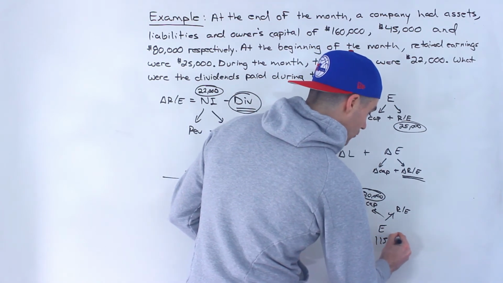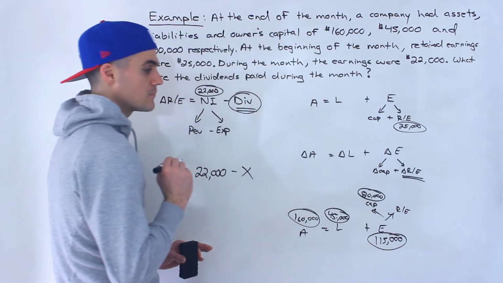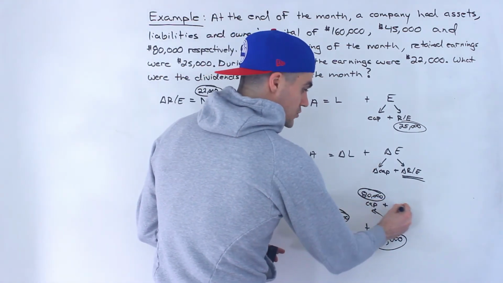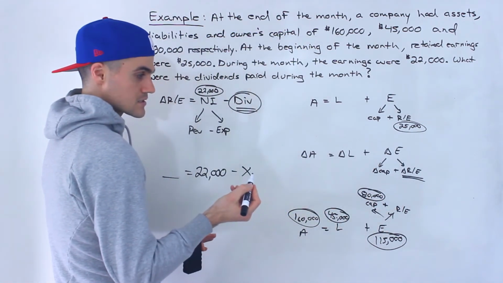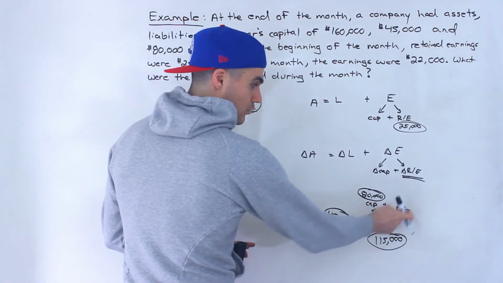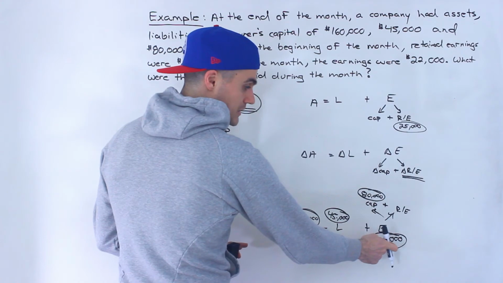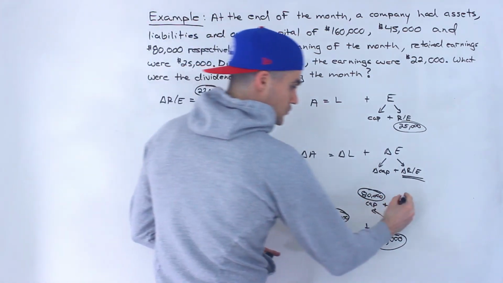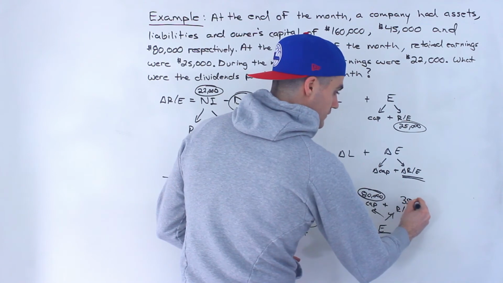So that's the total equity at the end of the month. And then that total equity is made up of the owner's capital and the retained earnings. And since we have the owner's capital, well, the rest would be the retained earnings. So we could take that total 115,000 minus the 80,000, which would give us 35,000.